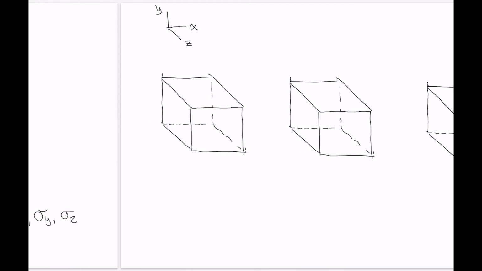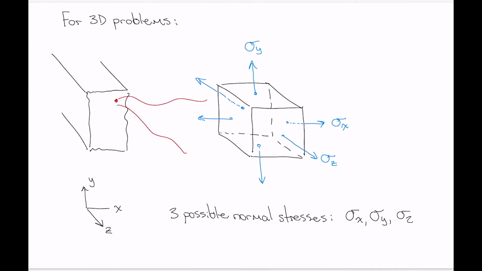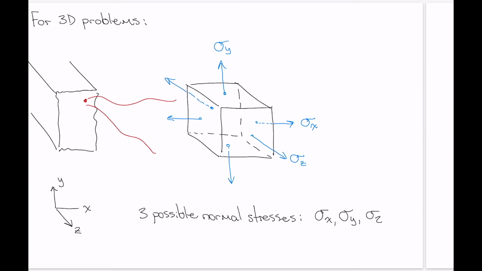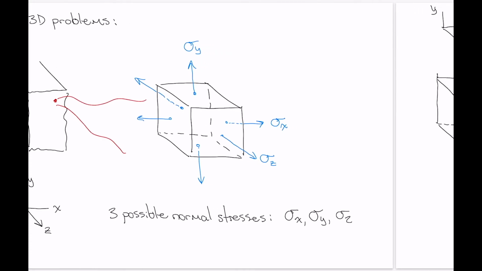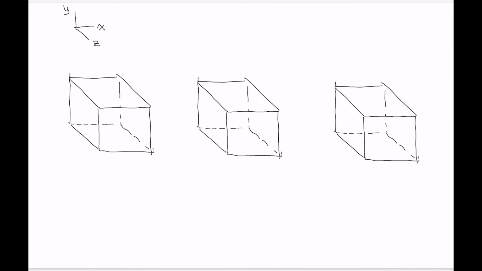Now, where normal stresses were always acting perpendicular to the faces of that little element of material, shear stresses are acting parallel to those faces or those surfaces. So we could, for example, have a shear stress that was acting upward on the left-hand side.